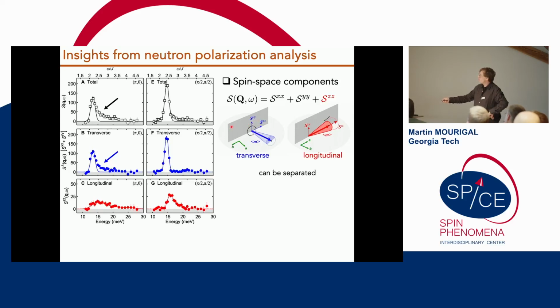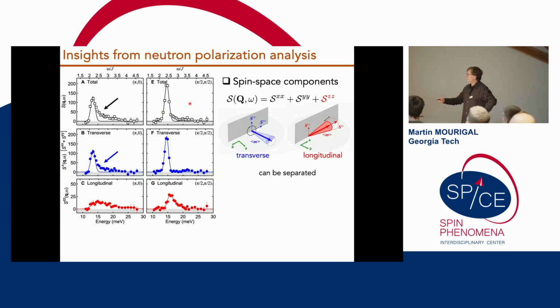The neutron scattering cross-section contains something perpendicular to Q, so you only measure spin correlations perpendicular to Q. If I put Q along the ordered moment, along the A-axis, I measure YY and ZZ, the transverse modes. If I put Q perpendicular to the ordered moment, I measure the longitudinal fluctuations and one transverse fluctuation. With polarization analysis, we can separate each component independently.